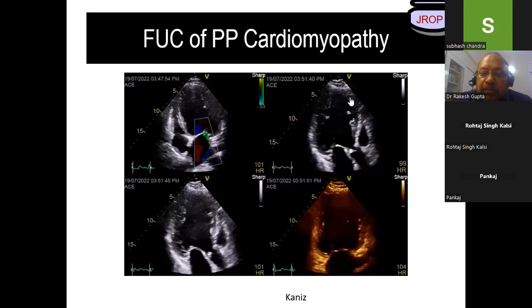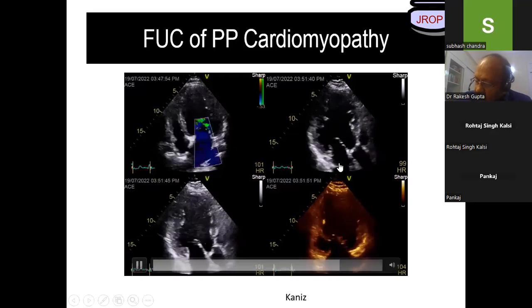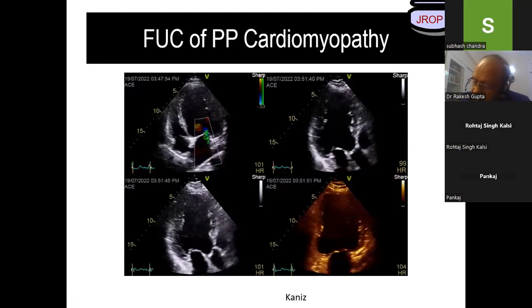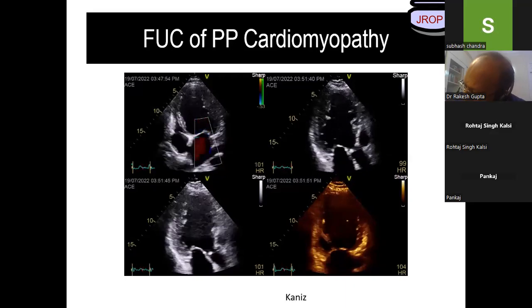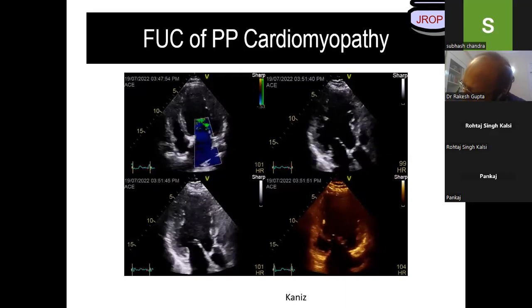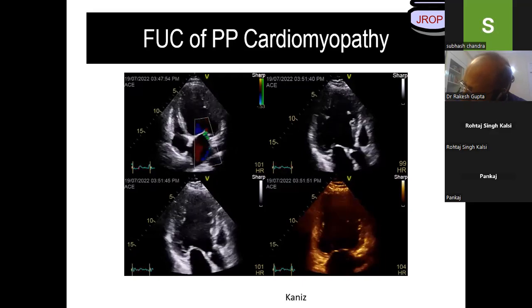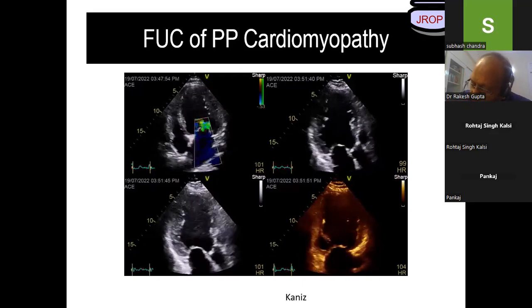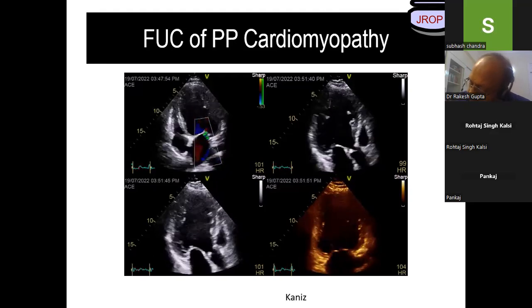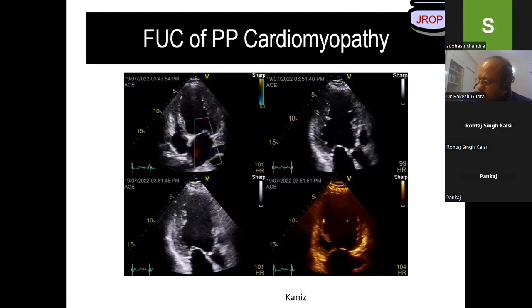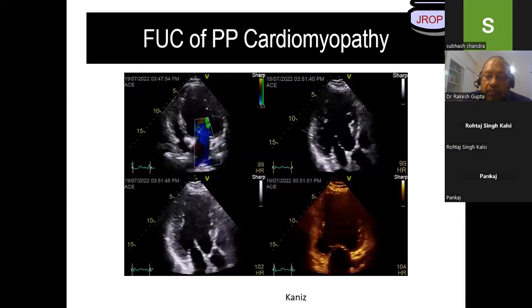Tell me what the wall thickening abnormality of these segments is. Sir, in this three-chamber view, we can see there is hypokinesia of the apical anterior and mid anterior septum, sir.